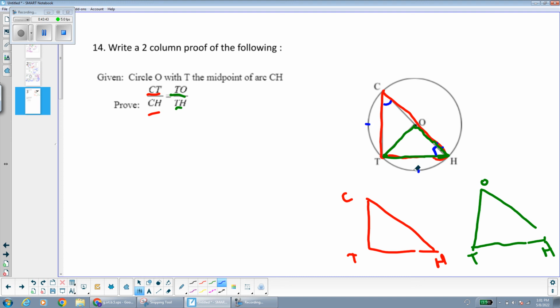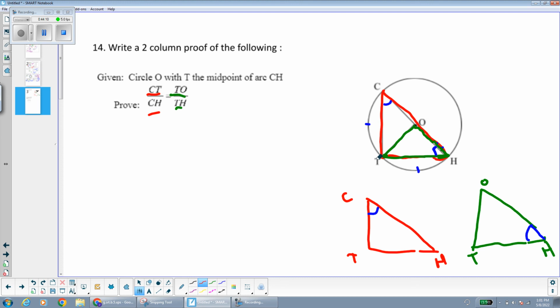Since these two arcs are congruent, we know that inscribed angles that intercept the same arc are also congruent. For example, if these are both 60, these are both 30. If these are both 90, these are both 45. So inscribed angles that intercept the same or congruent arcs are congruent to each other. So that's THC and OHT. There we go.